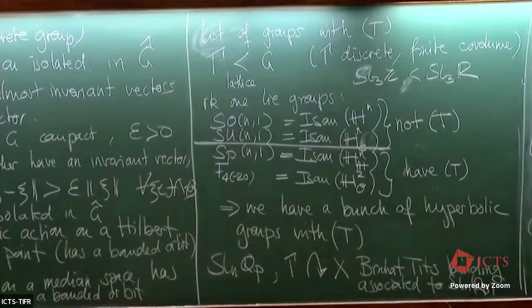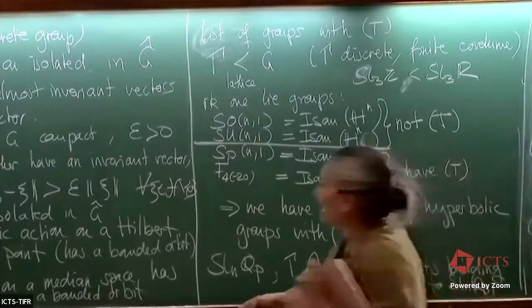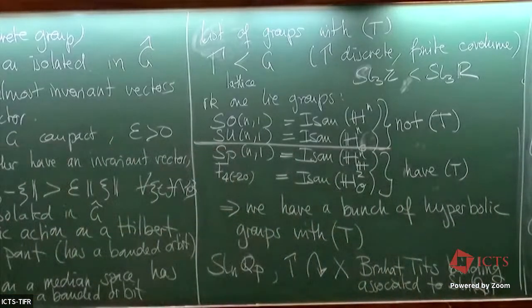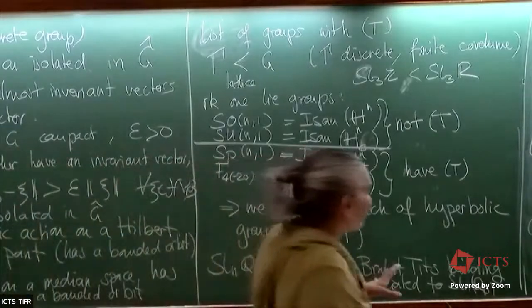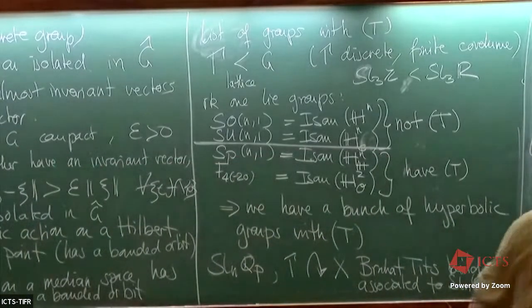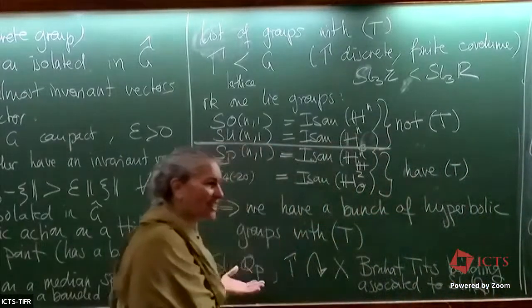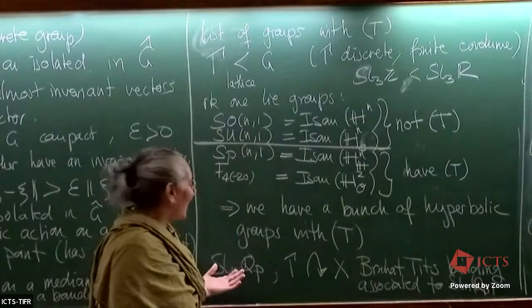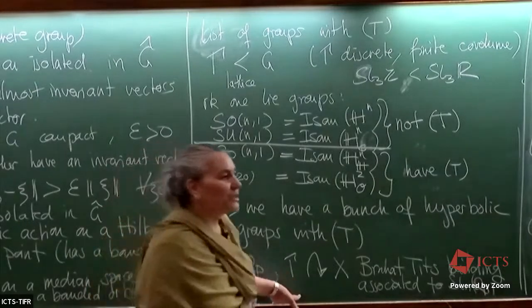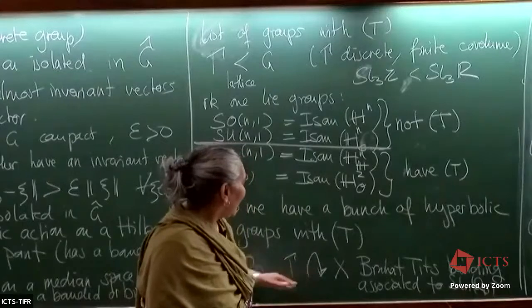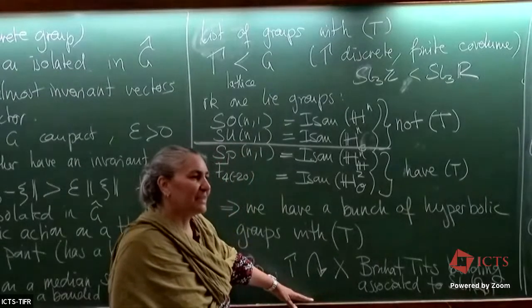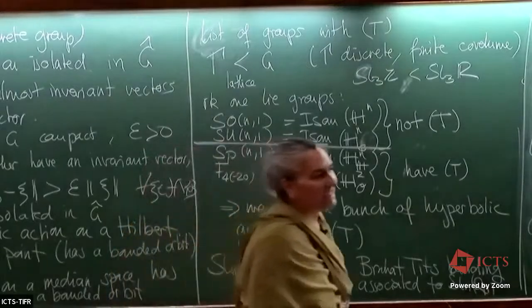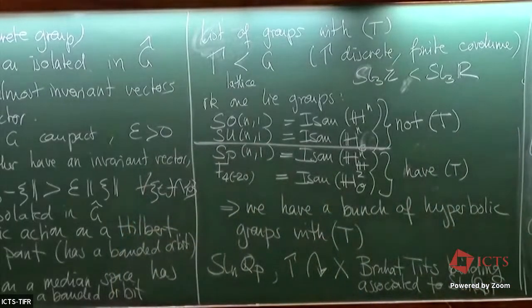I have property T, and I'm going to follow that step. But that's really something that I would like to understand: whether we can get a geometric proof for SL3R having property T out of this rather combinatorial proof of SL3Qp having property T. It's a bit of an oddity.